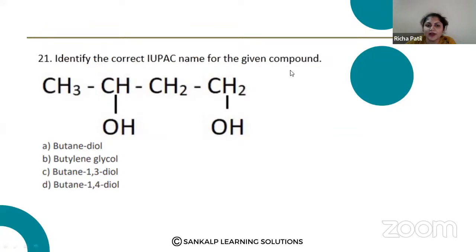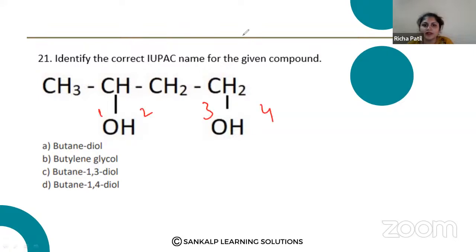Identify the correct IUPAC name for the given compound. What is the name? 1, 2, 3, 4. Wait.